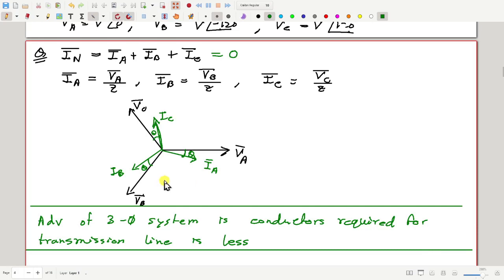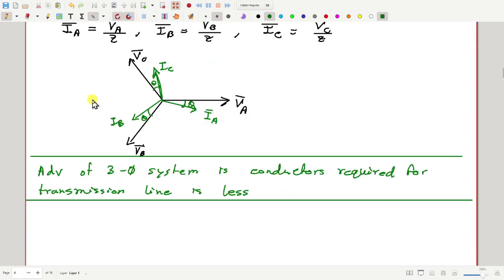Sir, if the system is unbalanced, in that case, is it necessary to use the N line, the neutral line? No, sometimes we may not also have neutral lines. Even in an unbalanced system, it is possible to have an unbalanced 3-phase, 3-wire system without neutral line. It's possible, but normally, more often we will have the neutral line.